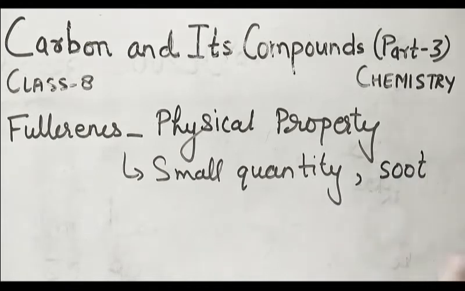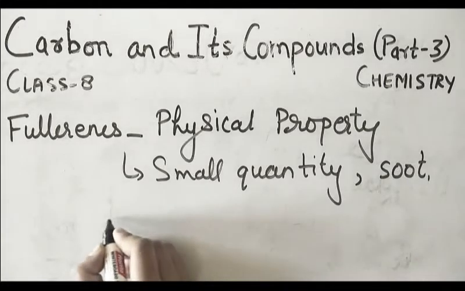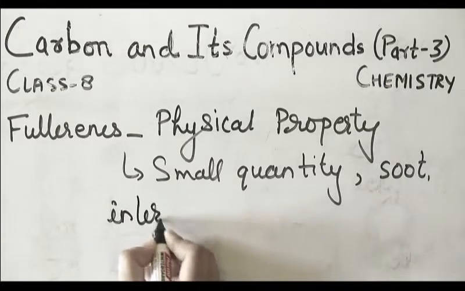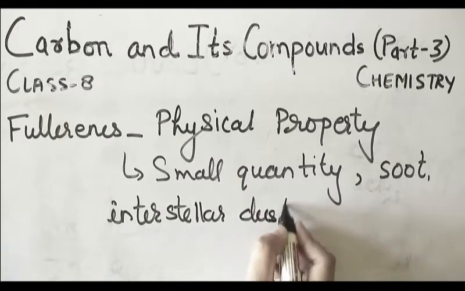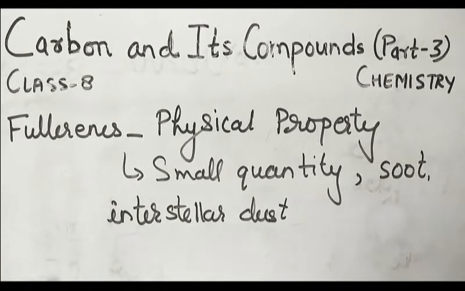What is soot? It is just like the kajal which you use. It is also found in the form of interstellar dust. So what is interstellar dust? It is the dust which is present between space and the stars.